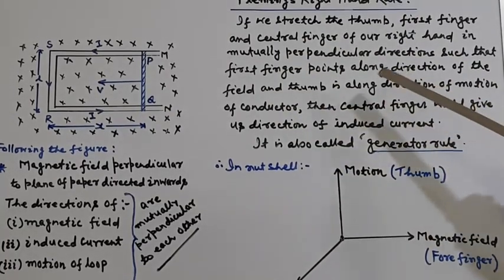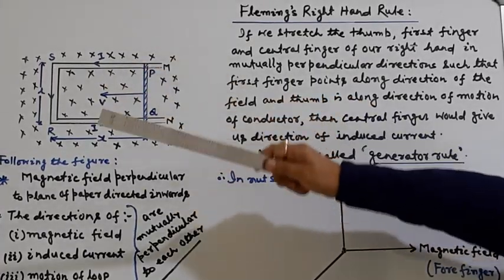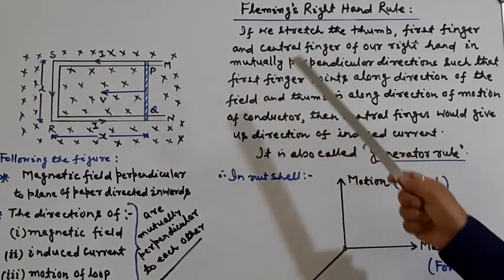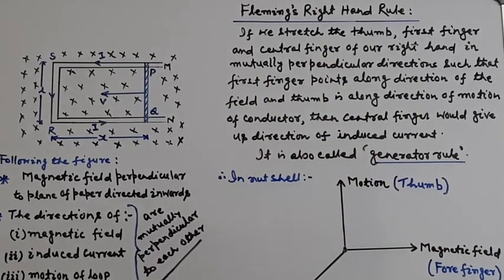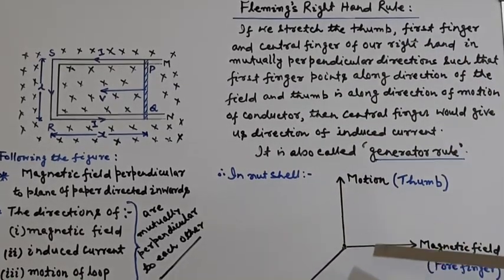So this statement and this figure, which gives the direction of induced current, direction of motion of the conductor and the magnetic field, both will match. So in a nutshell, the whole statement can be drawn with the help of this figure also.